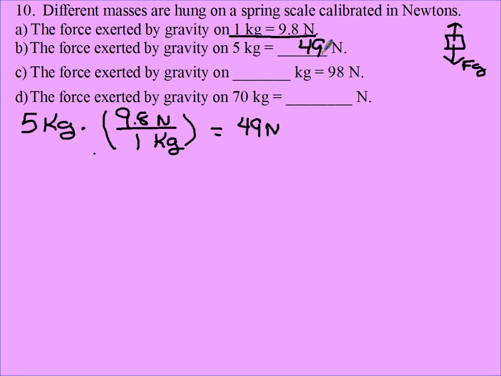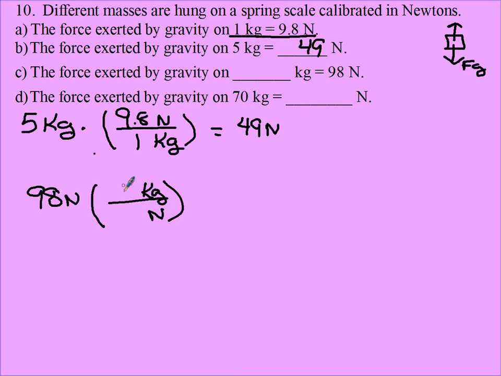All right, now we're looking for the mass that gravity exerts 98 newtons on. So we're going to start now with 98 newtons, and we're looking for kilograms. So I want kilograms in the numerator and then newtons in the denominator.